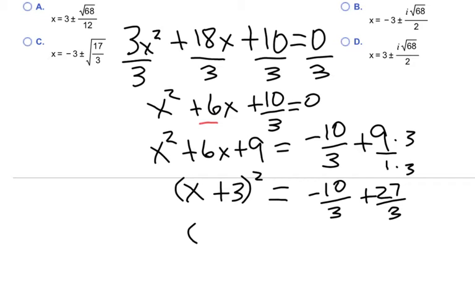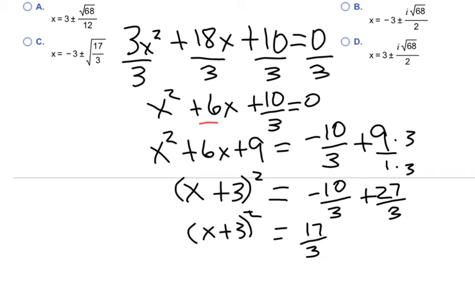So what I have is x plus 3 squared is equal to a positive 17 over 3, 17/3, because when I combine those, positive 27, negative 10. So I get a 17/3.